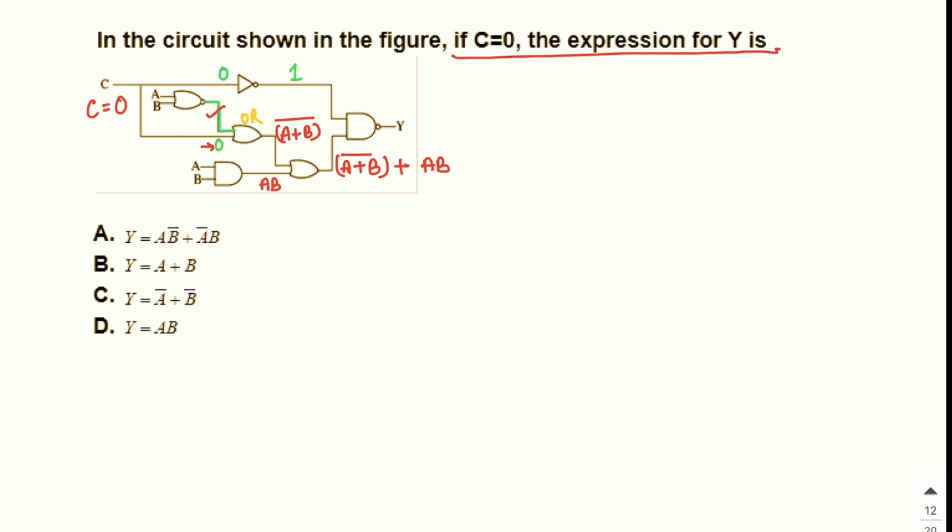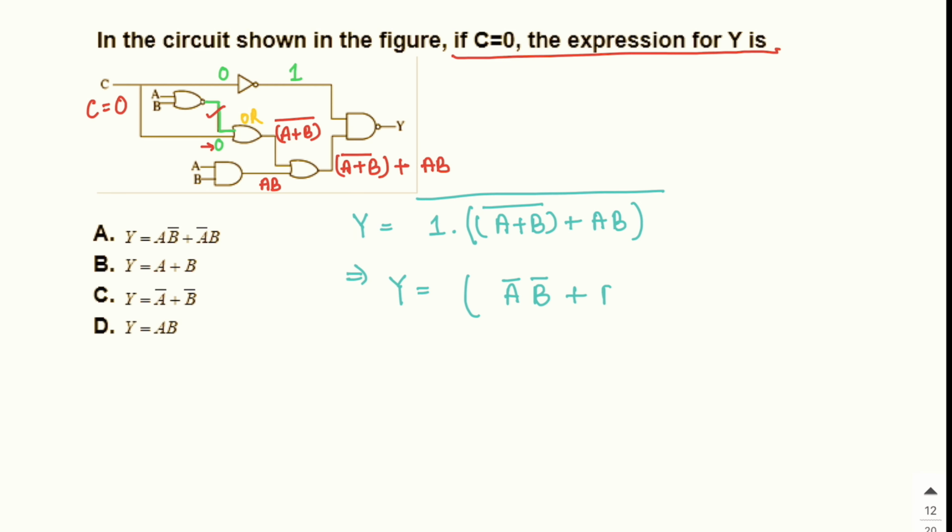So finally we can say that Y is equal to 1 dot ((A plus B) whole bar plus AB) whole bar. So Y is equal to (A bar B bar plus AB) whole bar.